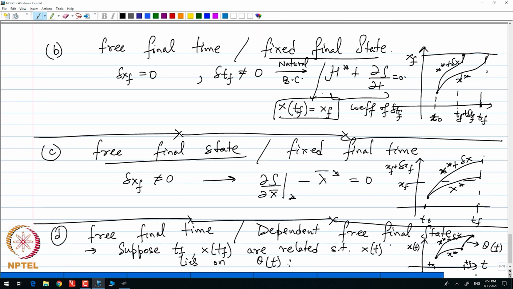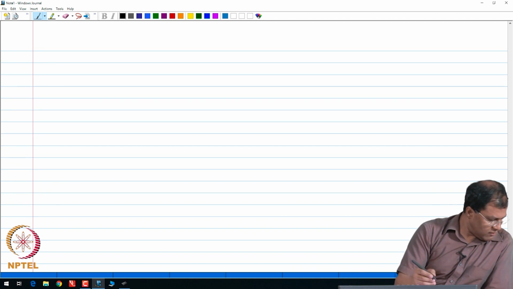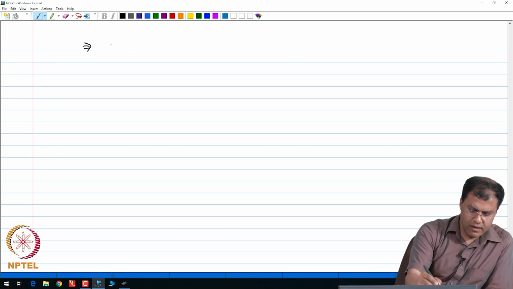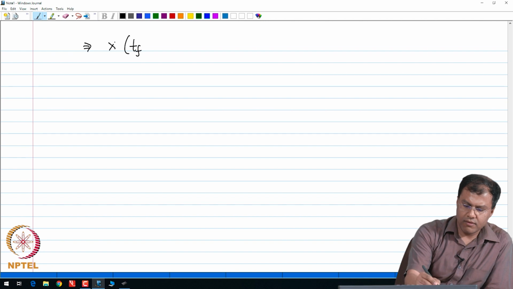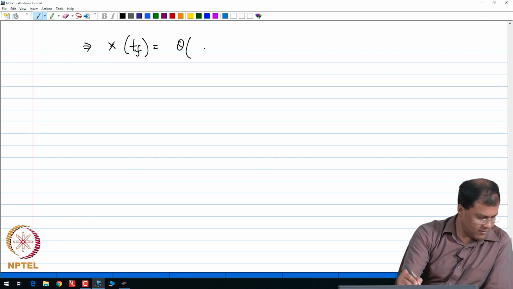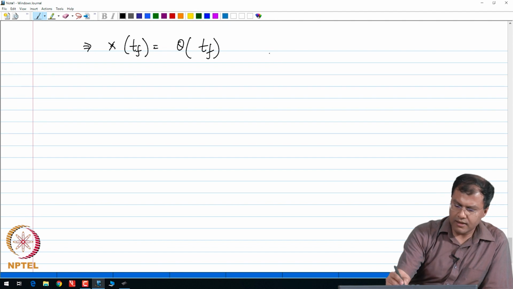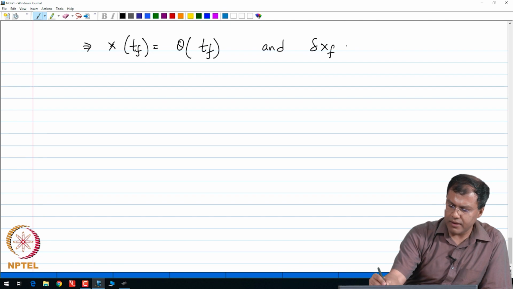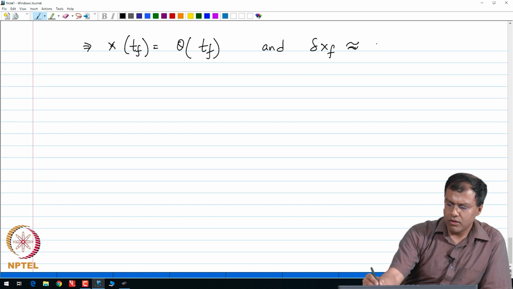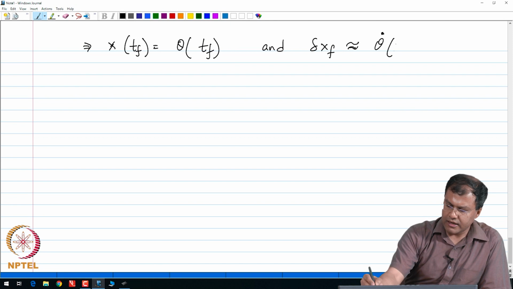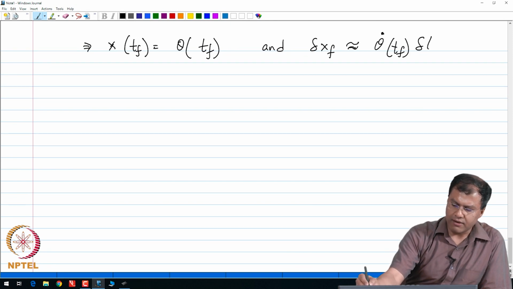So, what I see is the following: x of T f is theta of T f, and the variation of x at the final point will be, since it lies on the curve, almost equal to theta dot, where the dot represents the derivative with respect to t at T f, times delta T f, right.